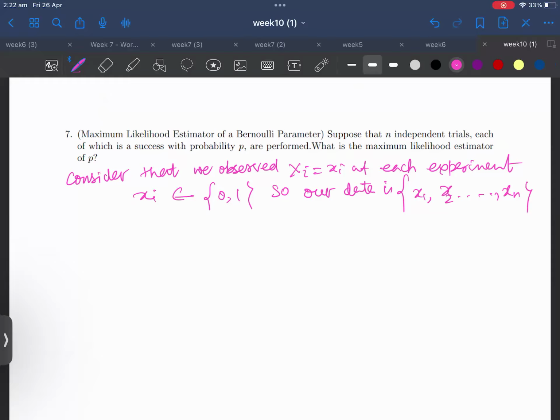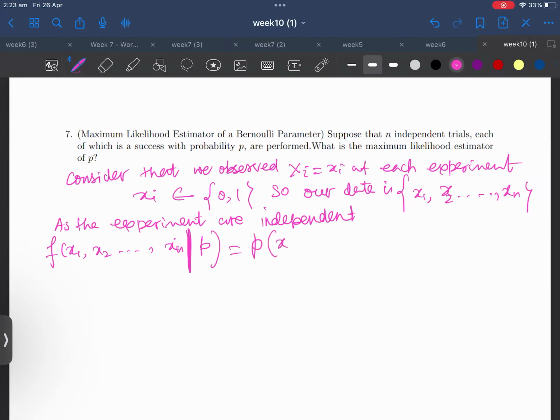So as the experiments are independent, we can write it down like this. f of x1, x2, up to xn given p is the probability of X1 equal to x1, X2 equal to x2, and so on up to Xn equal to xn, given the parameter p.